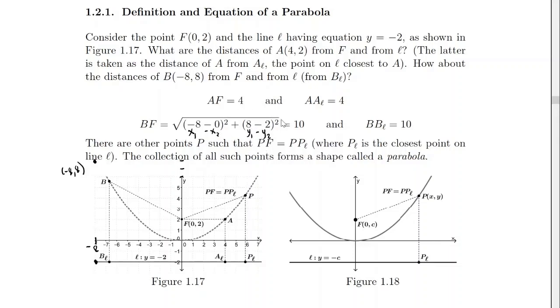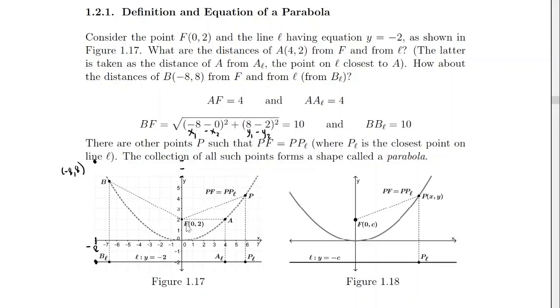If we compute using a calculator, that will give us 10 units. And also, from this point to point B, this is 8 units plus another 2 units, that will give us 10 units. So what are the realizations about these examples?